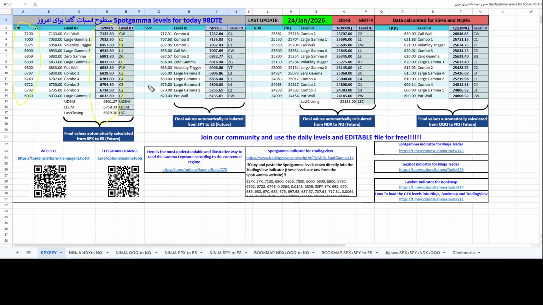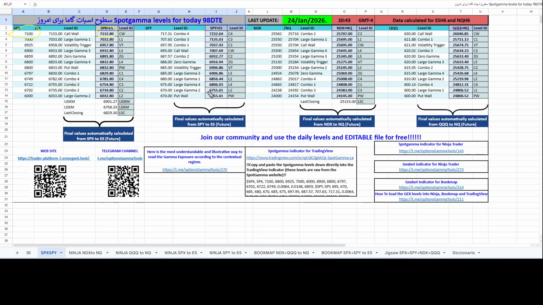With those two indicators you can calculate the difference between SPX and ES, and you get the final value that is automatically calculated from SPX to ES.